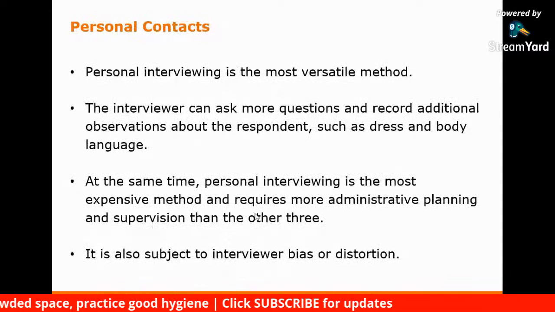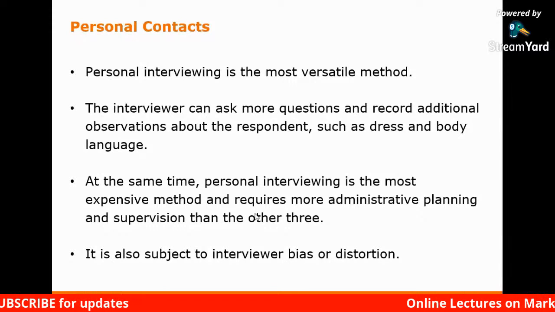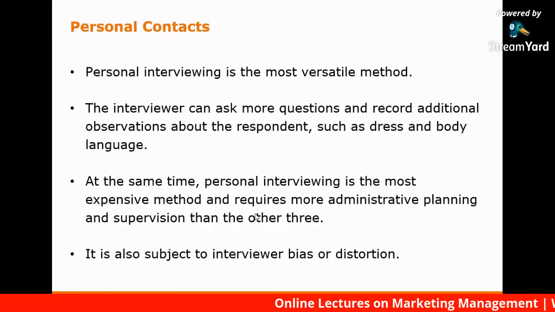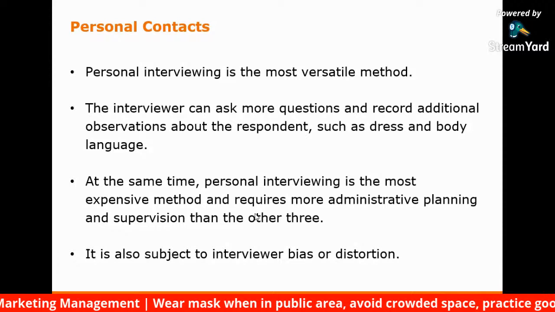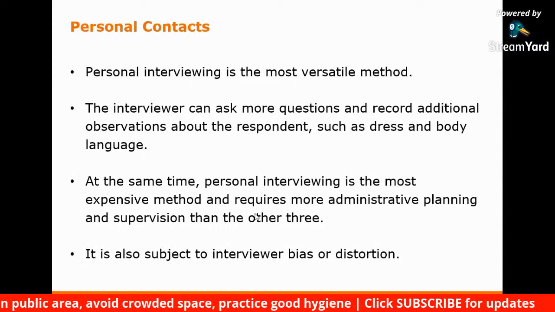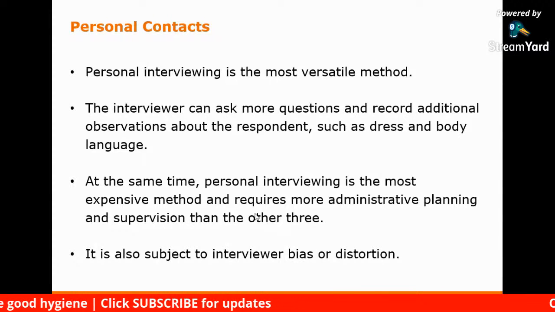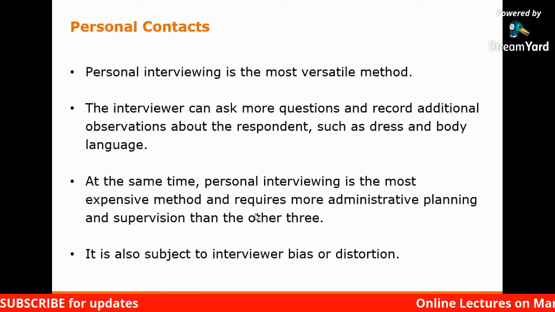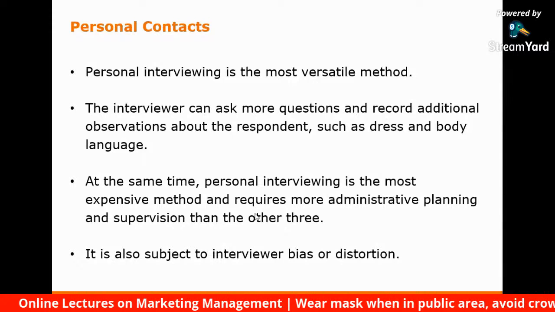Personal contact is the most versatile method. When you contact the respondent directly, you might expose yourself as interviewer to bias and also distortion. Distortion means you sway from the original idea or the main purpose of the survey, and some of the information you gathered is not related at all.